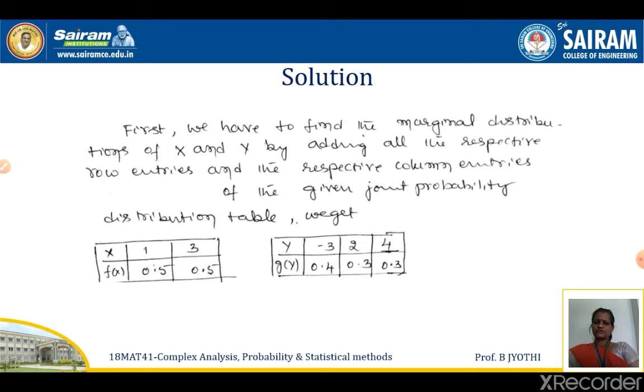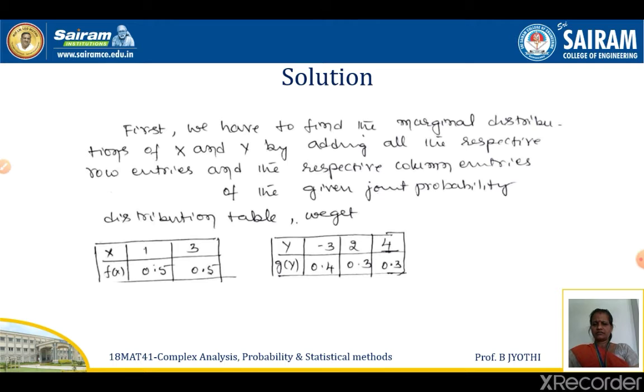So first of all, we have to find the marginal distributions of x and y by adding all the respective row entries and the respective column entries of the given joint probability distribution table. When x is 1 and 3, f of x will be 0.5 and 0.5.